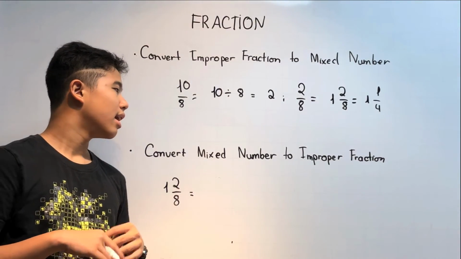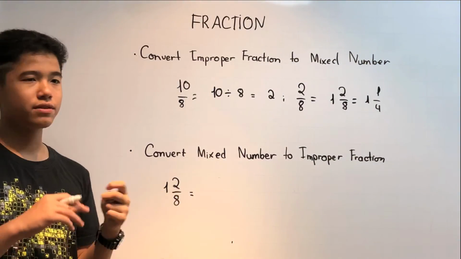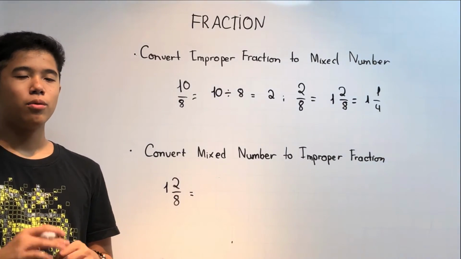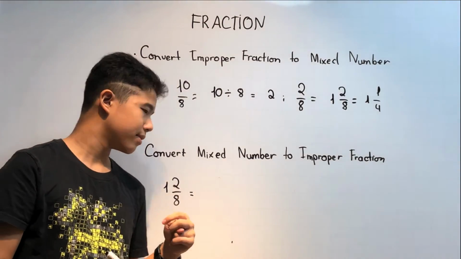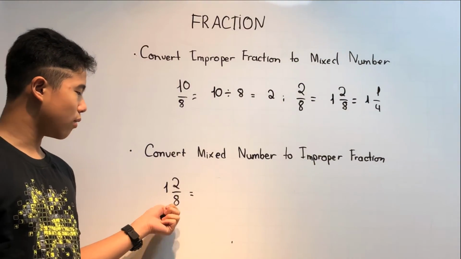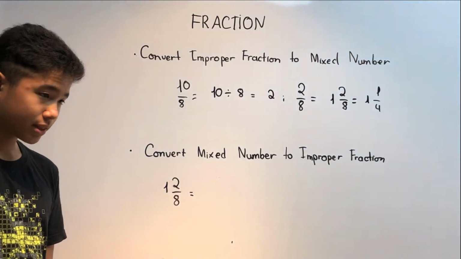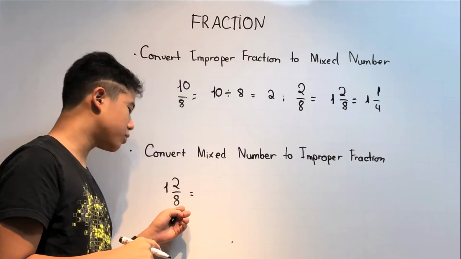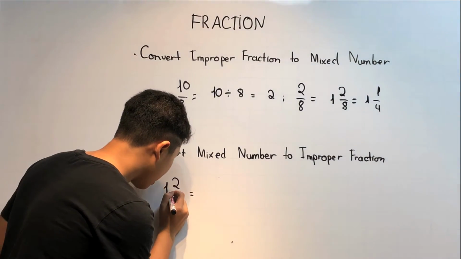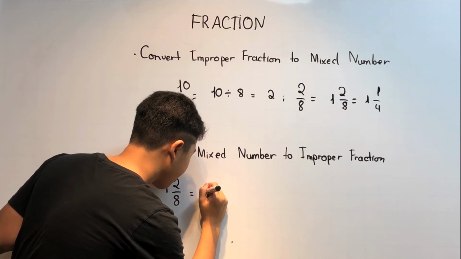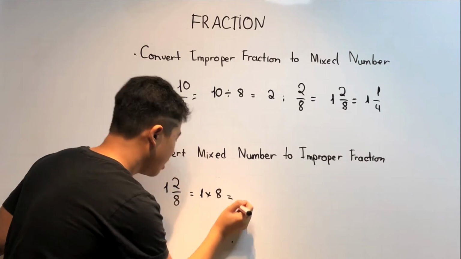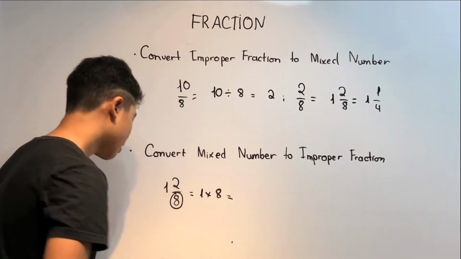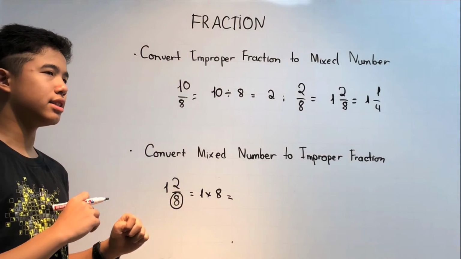And then in the next part, we have to convert a mixed number to an improper fraction. We just do the opposite. We have 1 and 2/8 right here. First, we must take the whole number and multiply it by the denominator, 1 times 8, which is equal to 8.